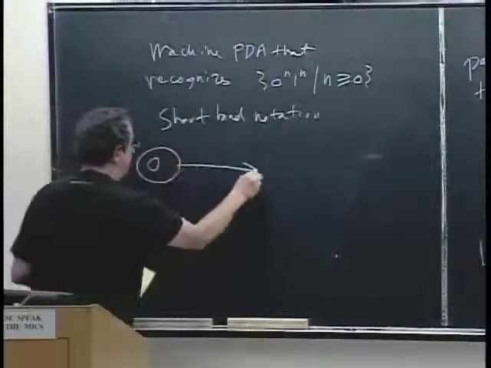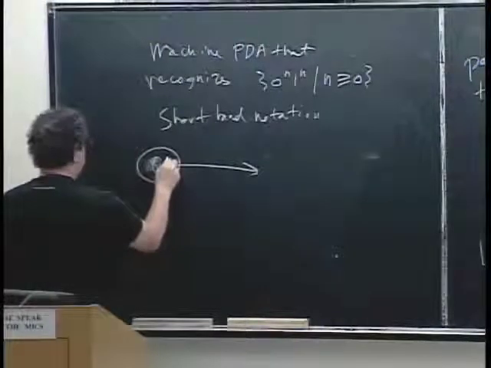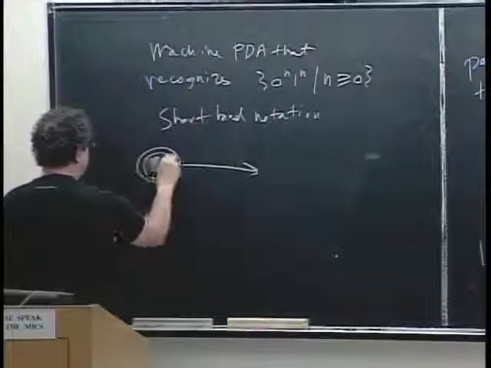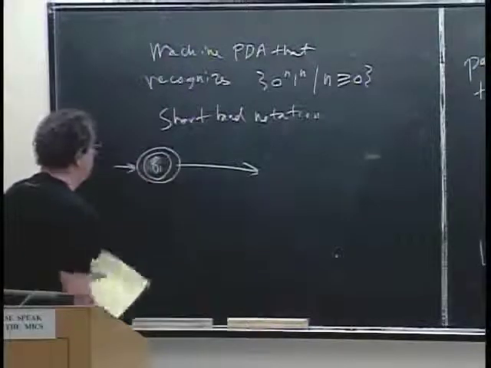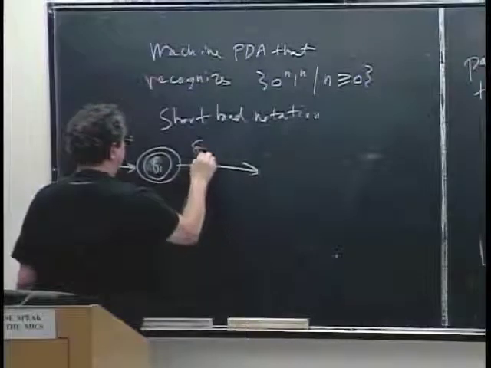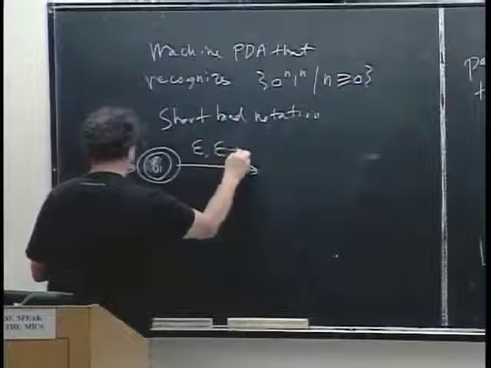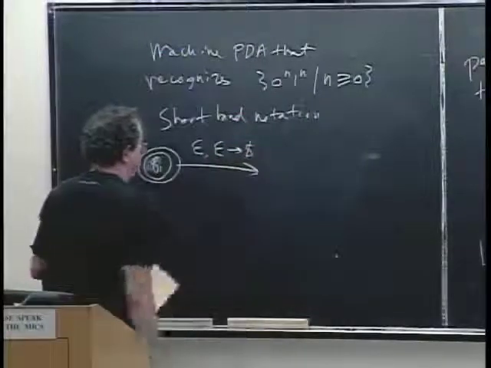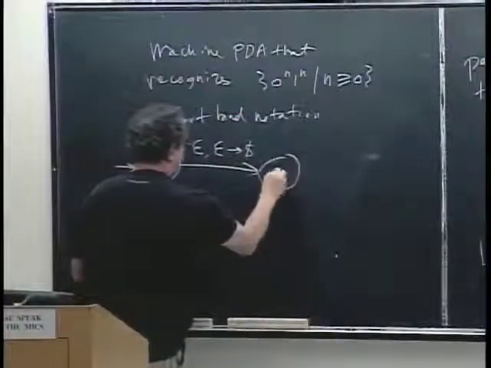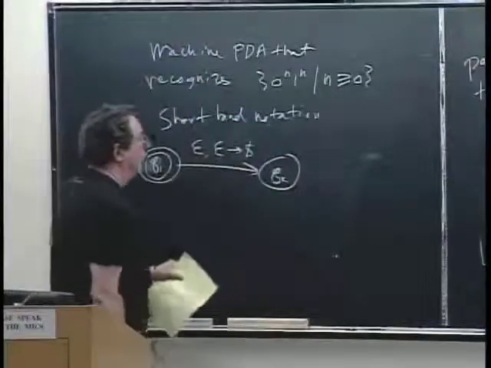So this is state Q1, which is both a start and an accept state, and then we're going to have something written on there, which in this case is epsilon goes to $, goes to Q2. But I want to explain this kind of notation in more generality.